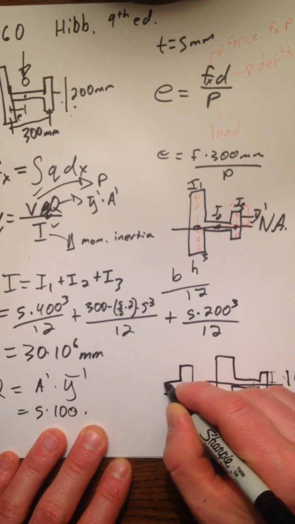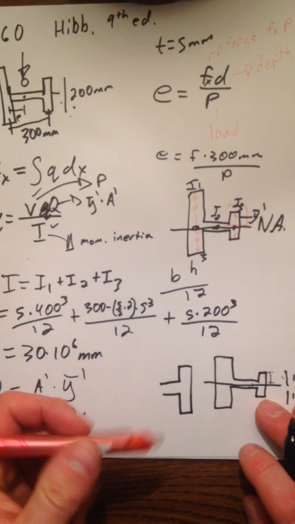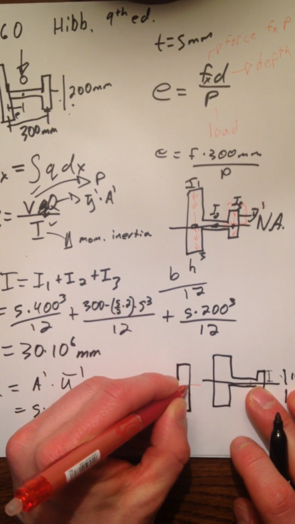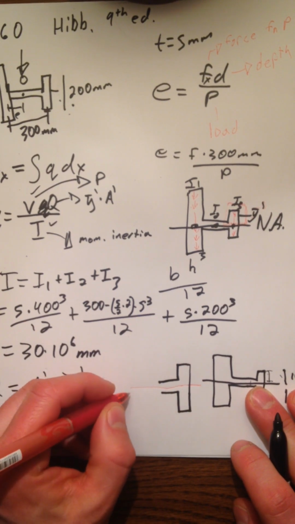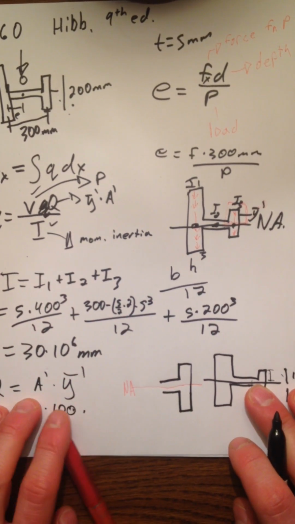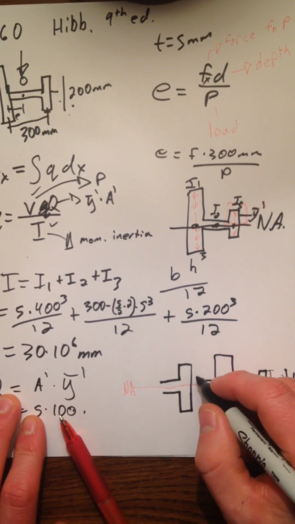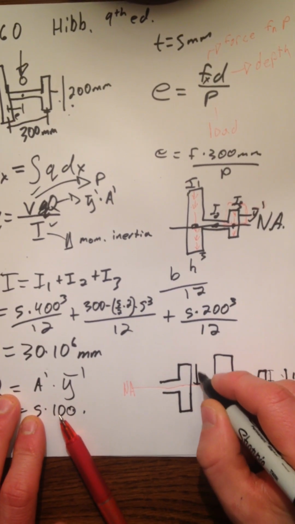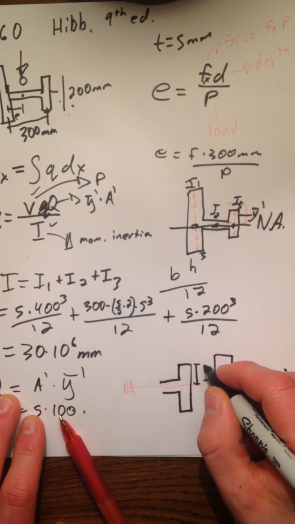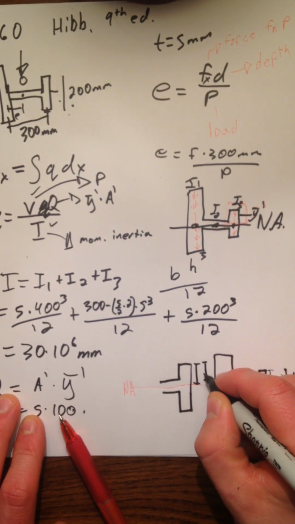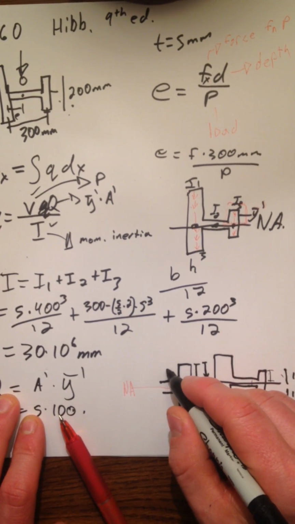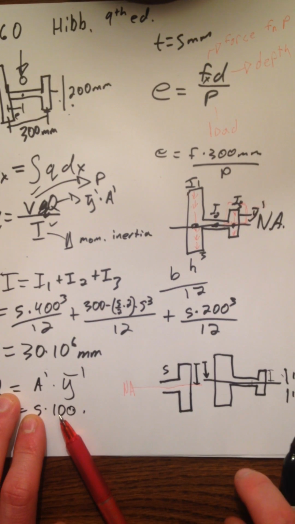I'm just doing the smaller section, and then I'm going to draw the neutral axis in red here. This is going to be a changing value, and it's going to go from the top down, and we're going to call this a variable s.